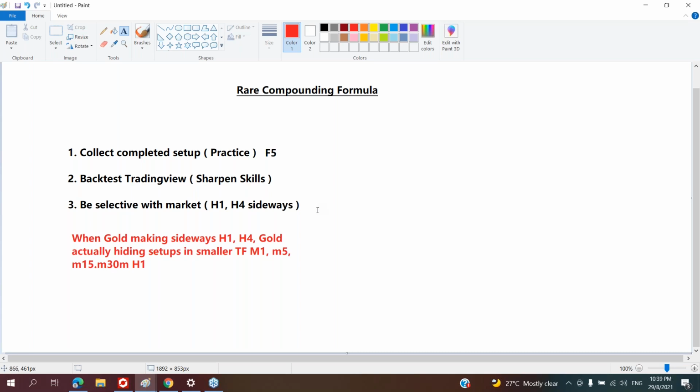So I can say 99% winning percentage, because the rare compounding really goes according to my plan. We use this formula, and you have to be extra careful with it. That's why I say rare compounding has a very high winning percentage, but it depends on the setups and your patience actually.